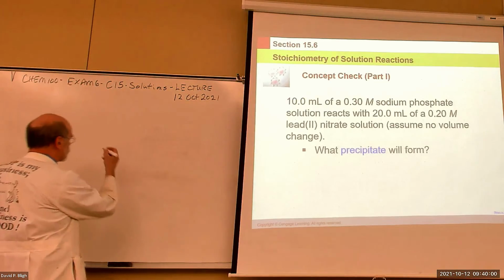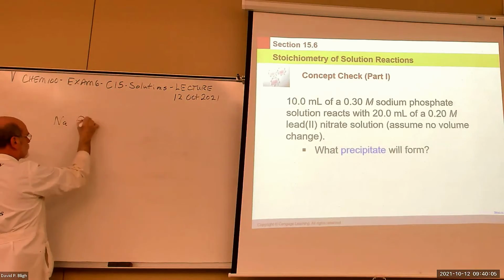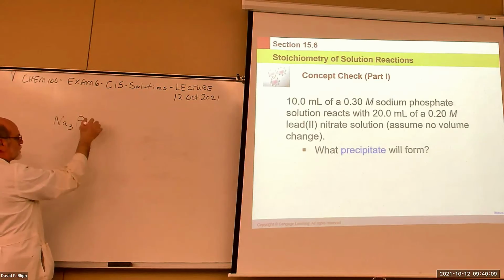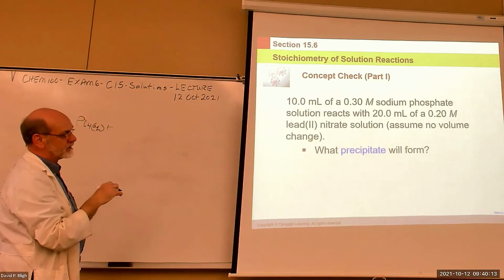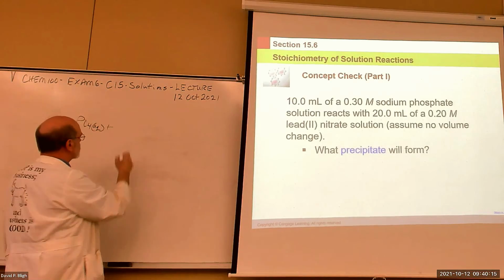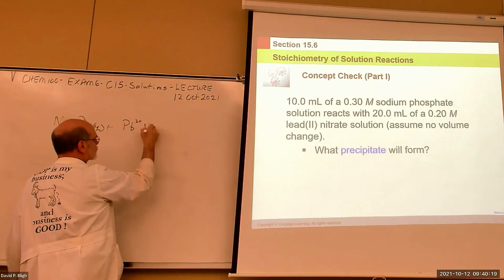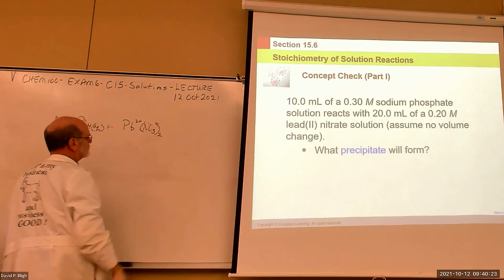Look at it this way. What is sodium phosphate? Sodium phosphate, right? +1 charge, -3 charge. This is aqueous solution. And then we're going to add lead 2 nitrate. So that's a 2+, and nitrate is a 1-, so this has a 2.